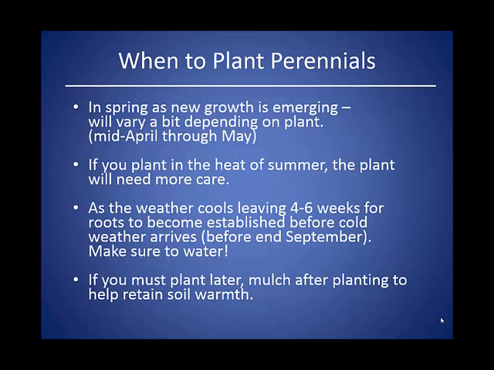If you're moving things in the fall or late summer, now is the time to think about planting things and moving things. You want to allow them really a good 6 weeks to grow and get their root system established before we get too awful cold. So we want that 6 weeks to end basically at the end of September.